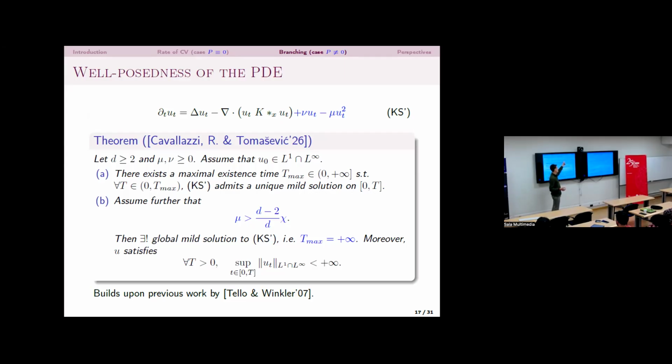And with this interpretation, it's reasonable to interpret this term as death of particles with rate mu u. Mu u means that your rate of death will be proportional to the local concentration of particles.